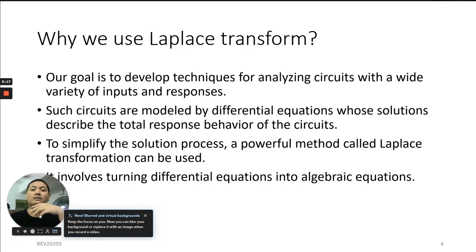If we can transform differential equations into algebraic equations, then we can solve the algebraic equations, which is much easier, to find a solution for the circuit, and then we inverse back into the original differential equation of the circuit.